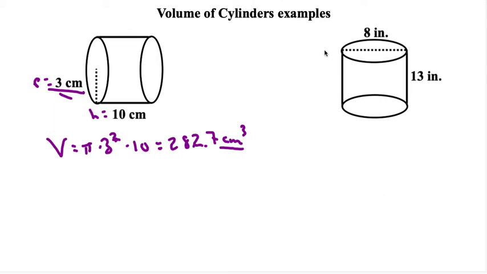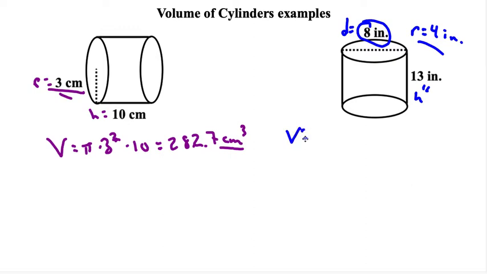Same idea. Here we see that this 13 would be the height. And this 8 is not. If you look at how this dashed line is drawn, we must assume that that 8 is actually the diameter, which means when we're doing the calculation, the radius is actually 4 inches. This is very important and is certainly one thing to be on the lookout for.